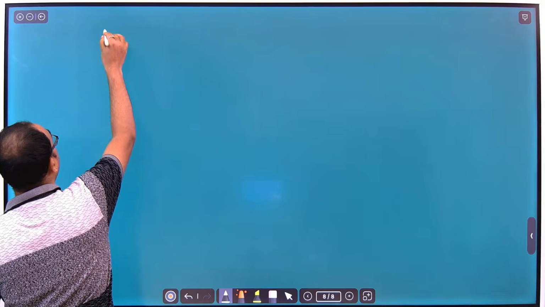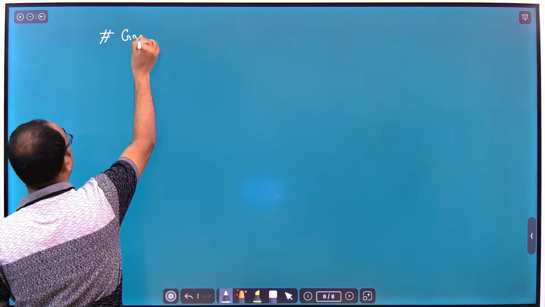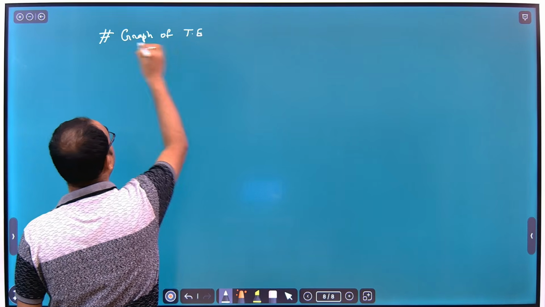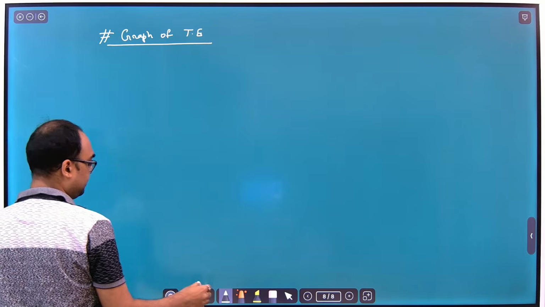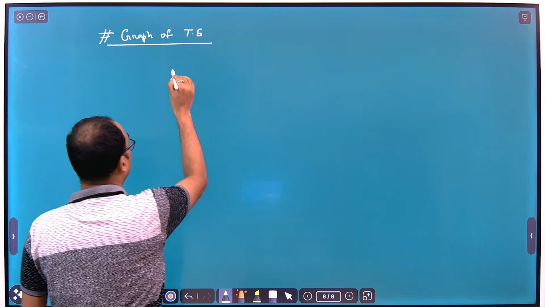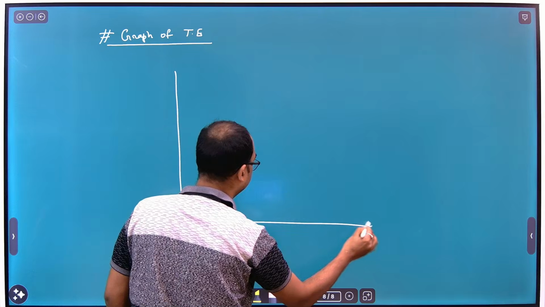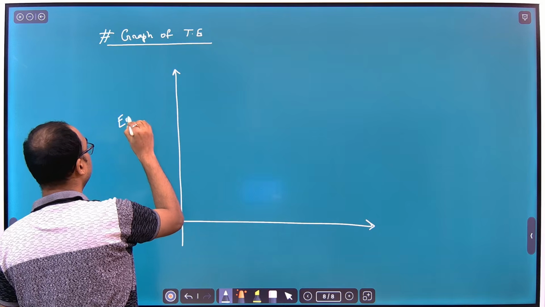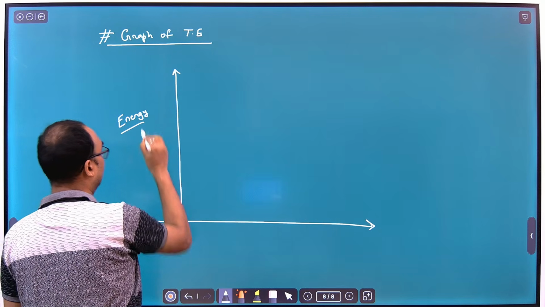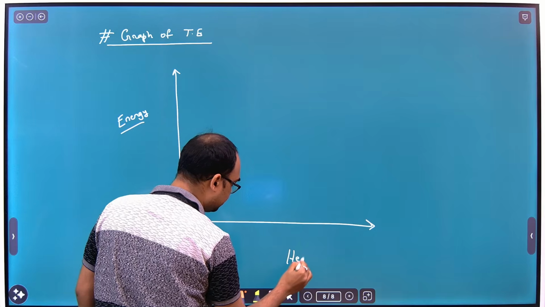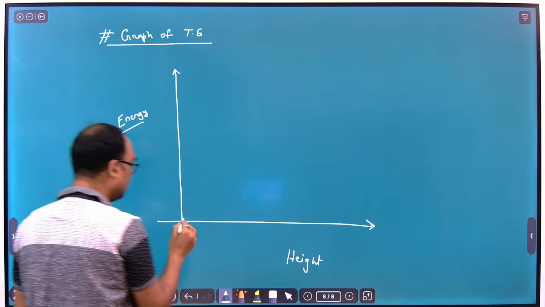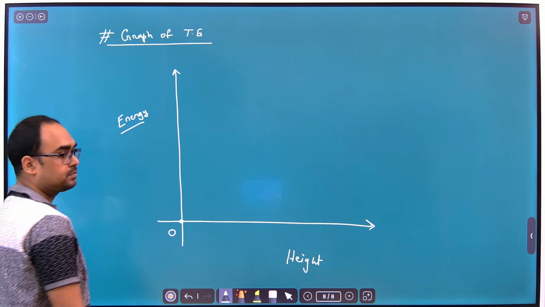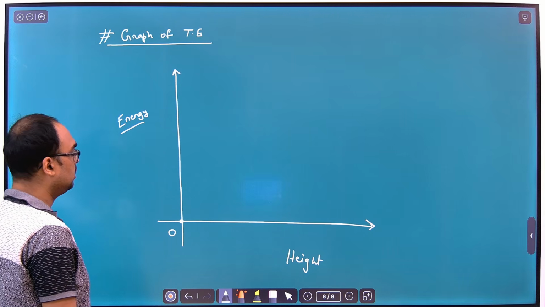Let's draw a graph of total energy or the mechanical energy, you can say. So this is energy and this is your height.